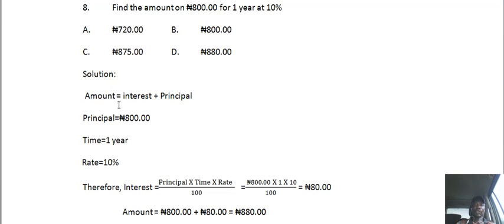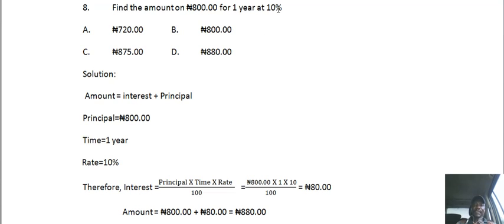If we look at the solution, you will discover that amount is equal to interest plus principal. But what is our principal? Our principal is the amount we borrowed, which is 800 naira. Our time is the time the money is going to stay with us before we pay back, and our rate is the percentage at which we are paying it.